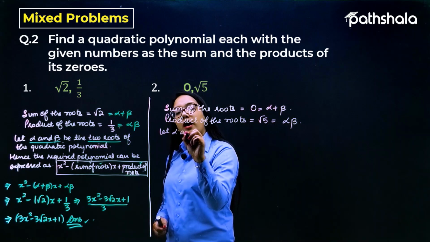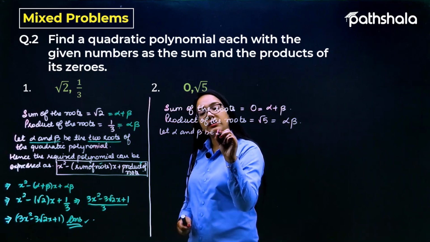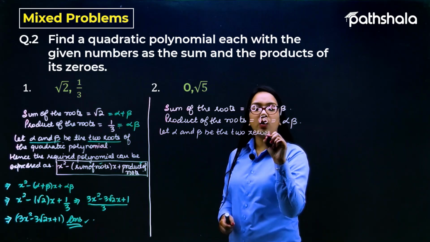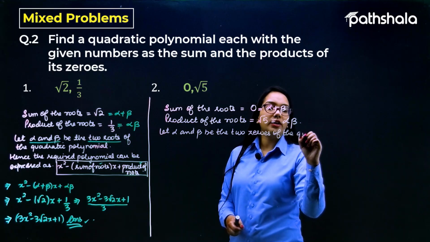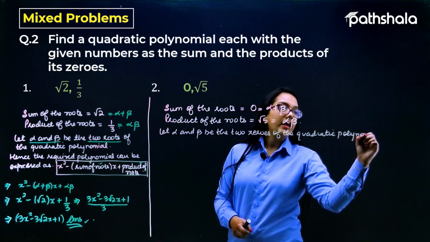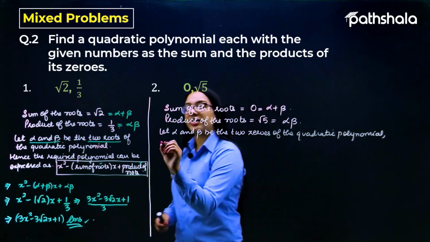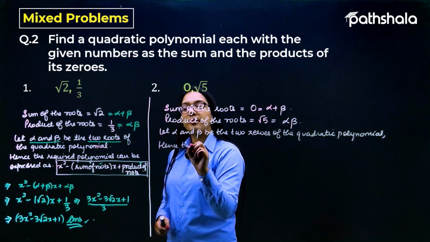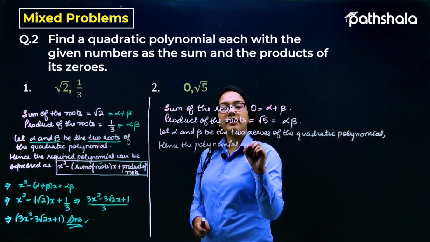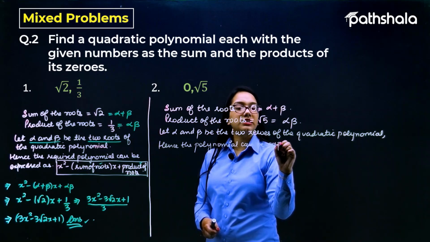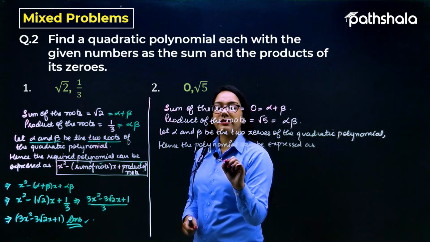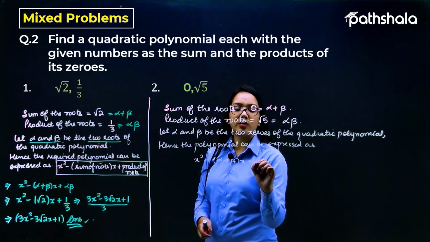Again, let alpha and beta be the two zeros of the quadratic polynomial. Hence the polynomial can be expressed as x square minus (alpha plus beta) into x plus alpha beta.